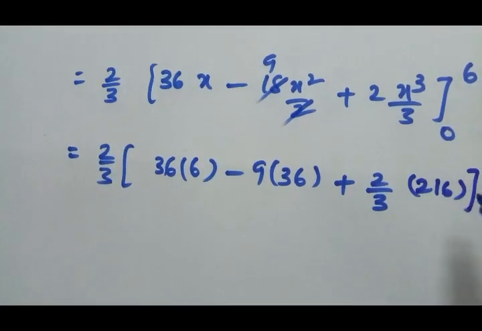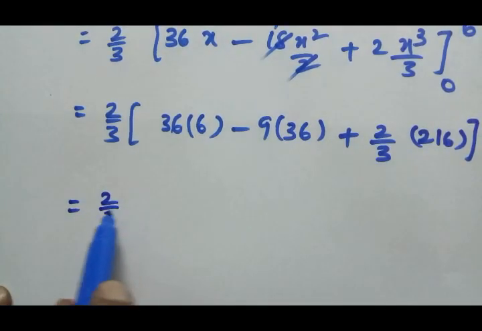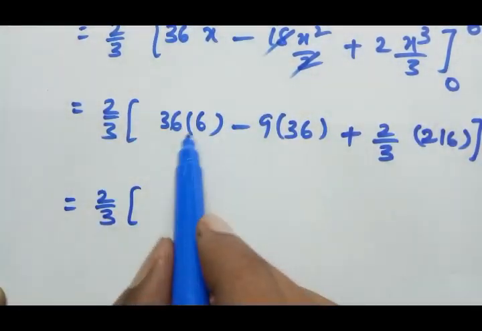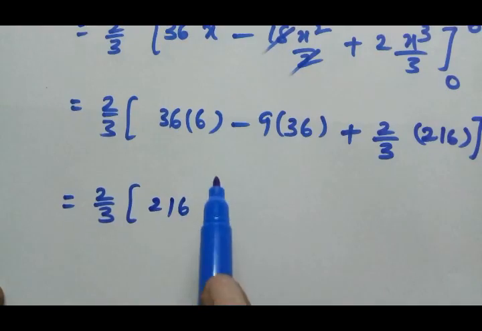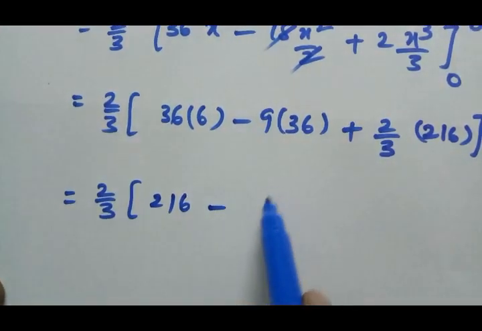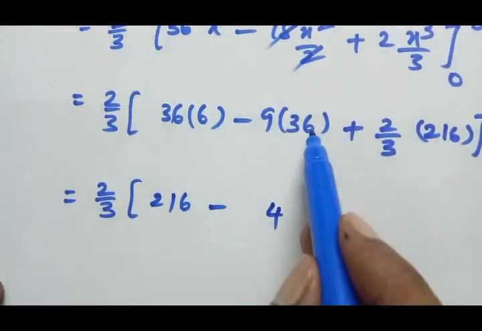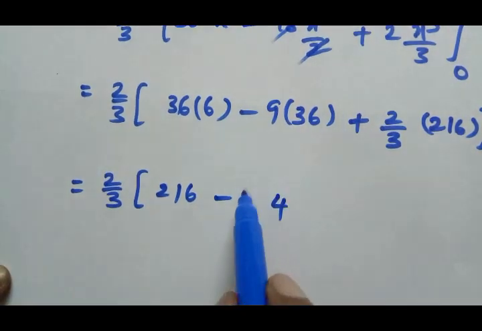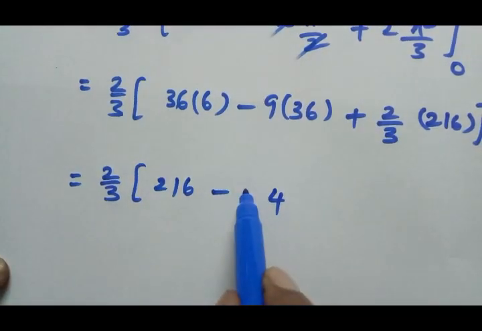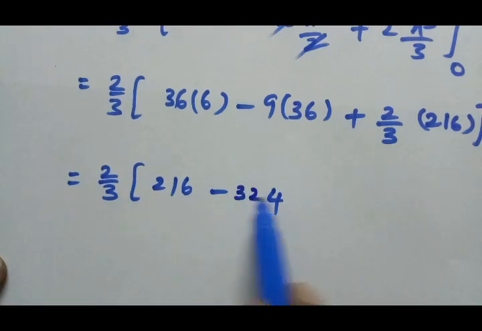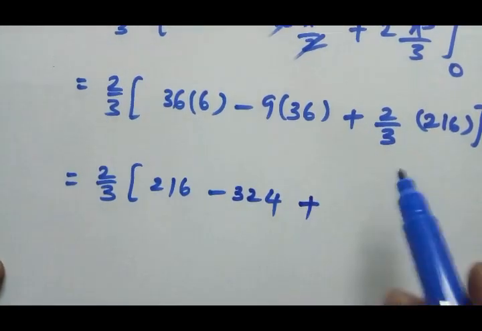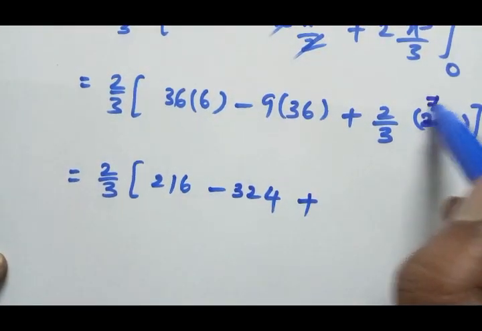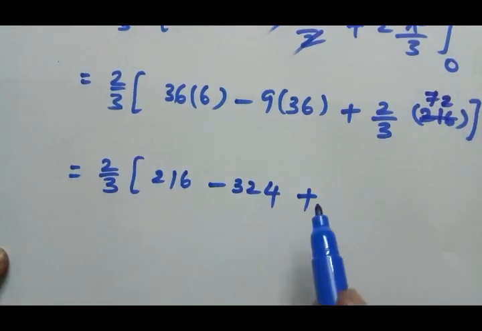216 minus 0. Therefore again this can be written as 2 by 3 into 6 into 6, 36, that is 216 minus 9 into 6, 54, 9 into 3, 27, 27 plus 5, that is 32 plus here 3 sevens, 21, 3 twos.